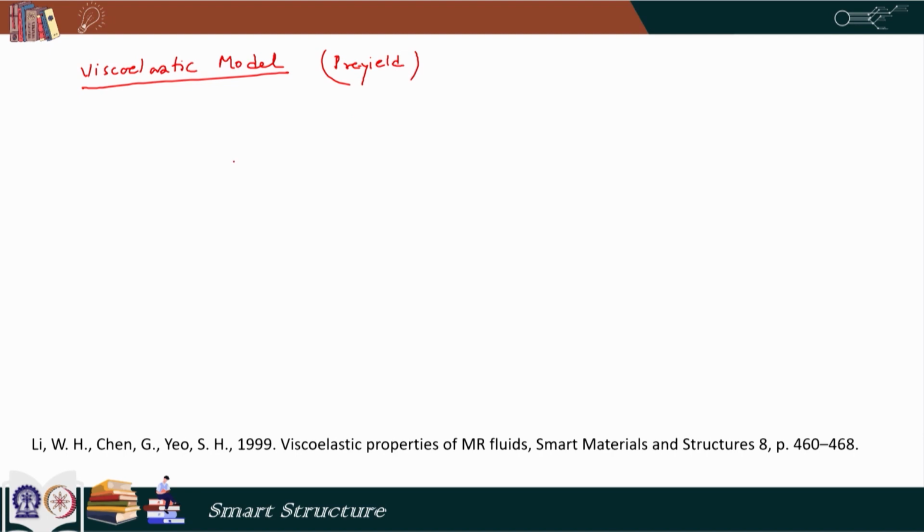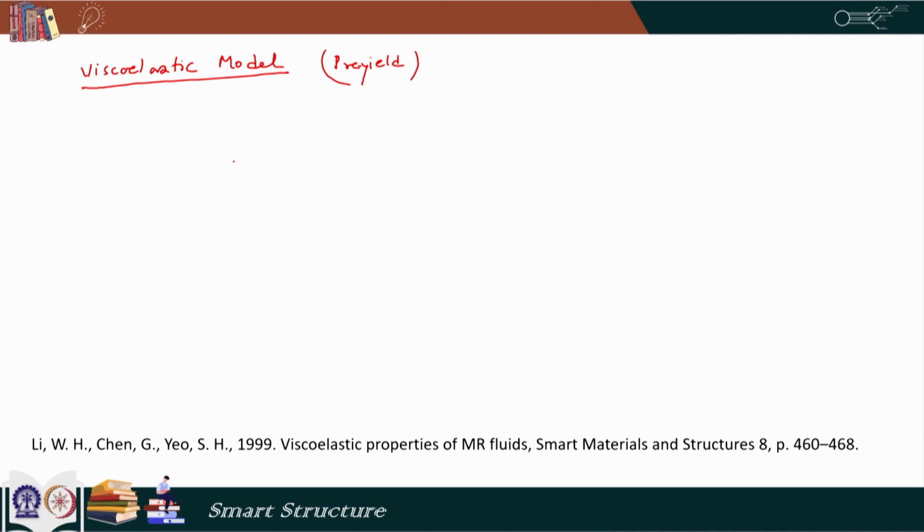Now, the word viscoelasticity comes from two terms, one is viscous and one is elastic. Elastic means it behaves like an elastic solid. So, here the stress is proportional to strain, and here we are specifically talking about shear stress.